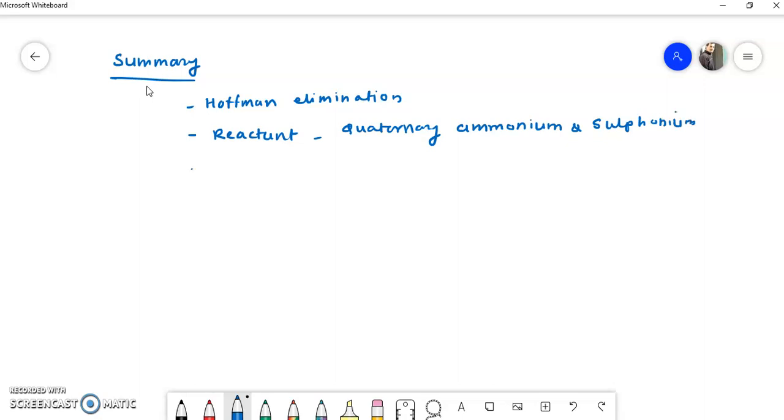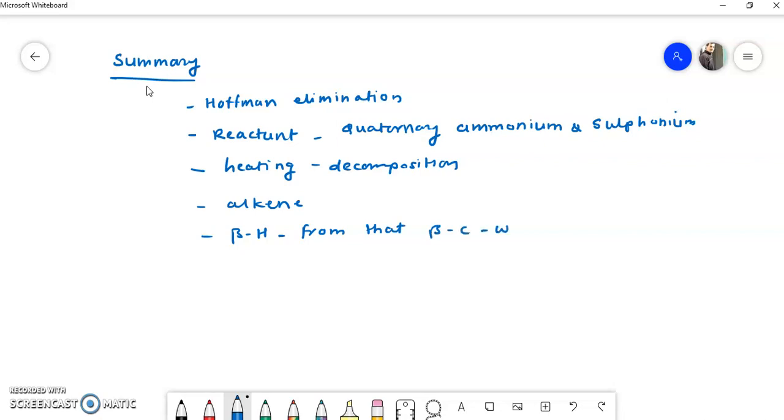The heating of these bases causes the decomposition of these bases to form the product as an alkene. So as per this Hofmann elimination rule, a beta hydrogen is eliminated from that beta carbon which is having more number of hydrogen atoms.